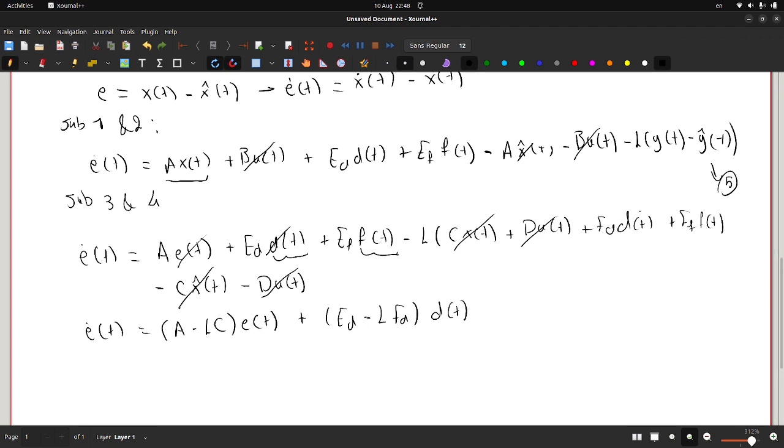And what's left for the fault signal is plus ef minus lff times f of t.